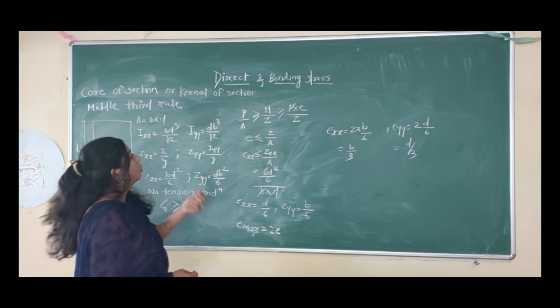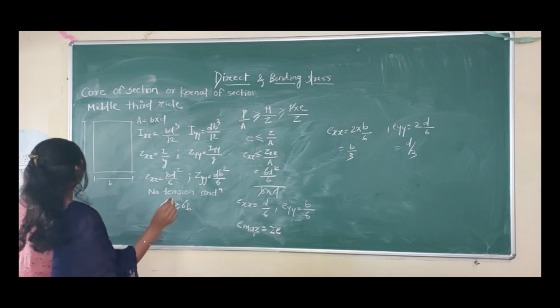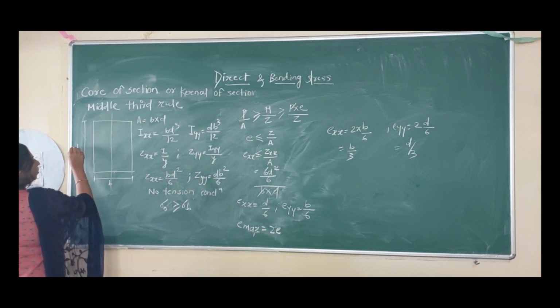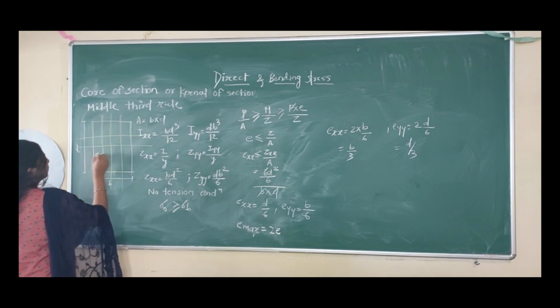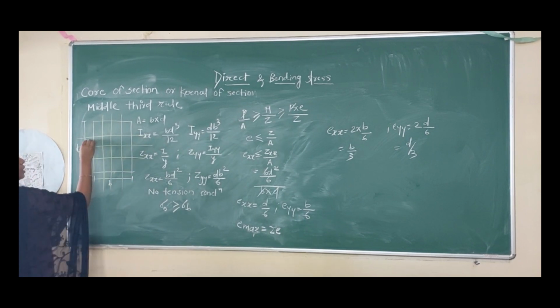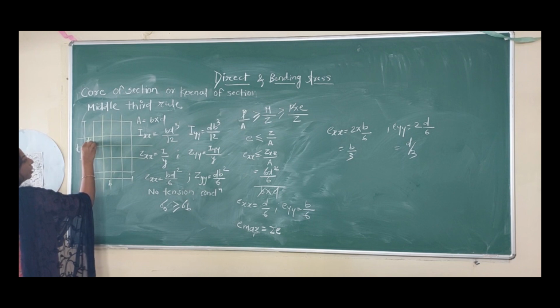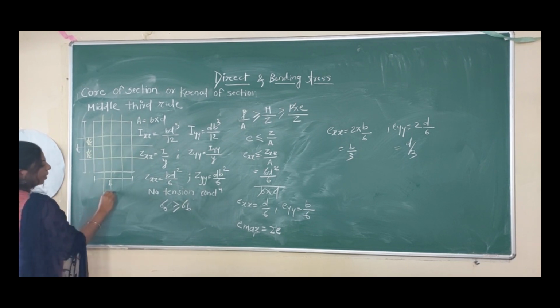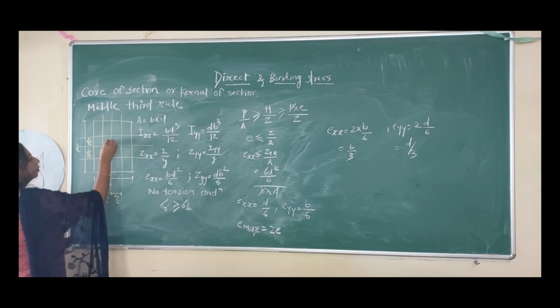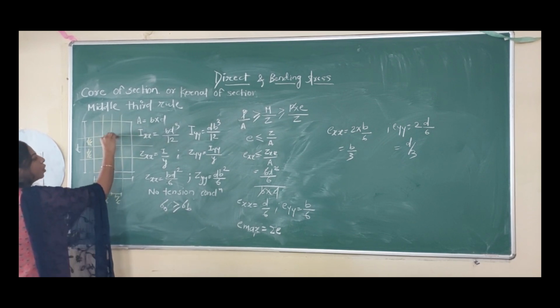Let us draw core of section for a rectangular section. This is d by 6, and this is b by 6, b by 6, and this is its core of section.